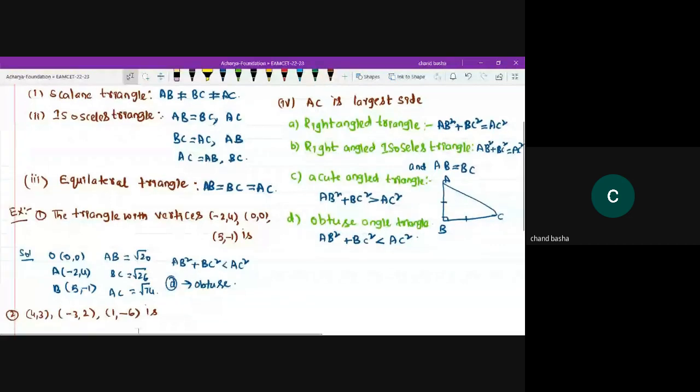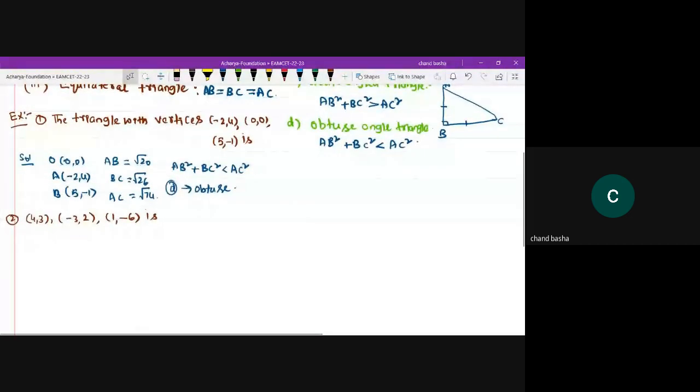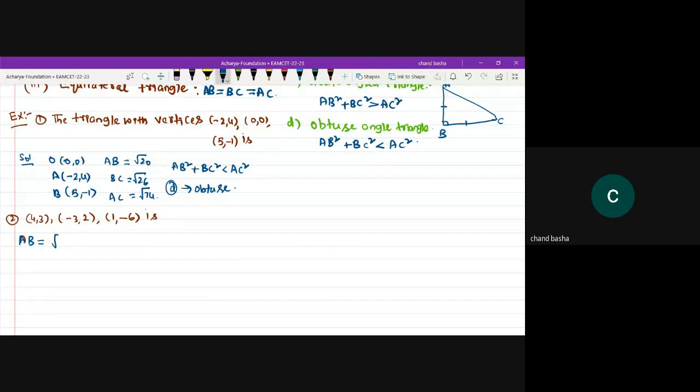Let's find the lengths of AB, BC, and AC. AB is equal to the square root of 49 plus 1, which is the square root of 50.